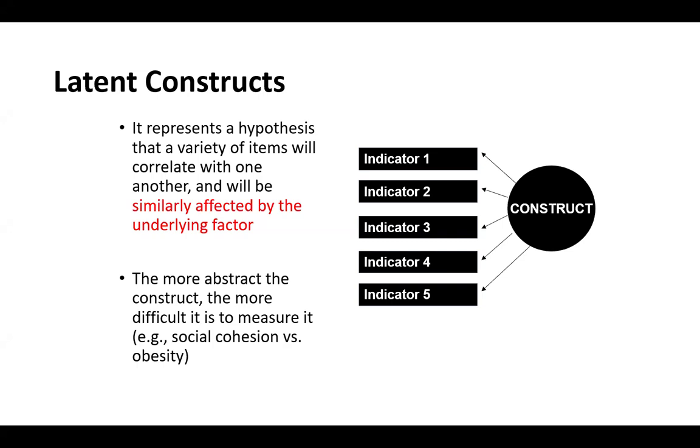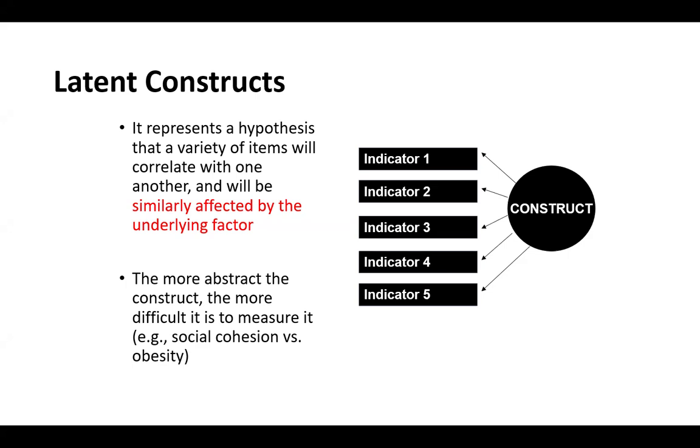All these indicators are affected by one underlying factor. So the construct, let's say depression, is made of several items, and all these items are similarly affected by that construct, which is depression.